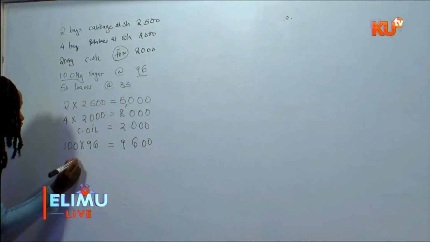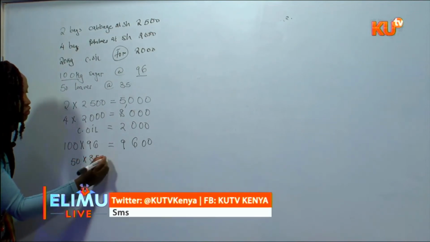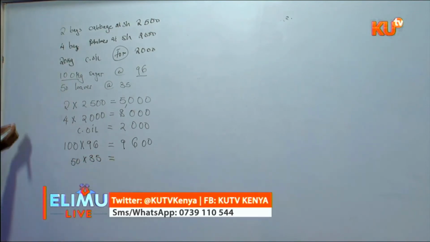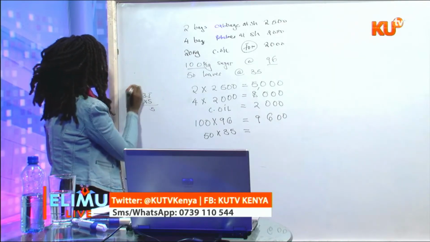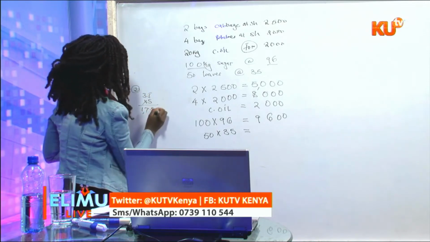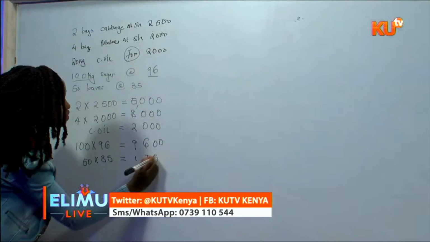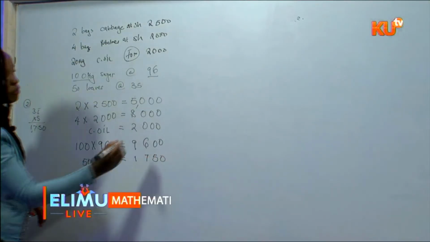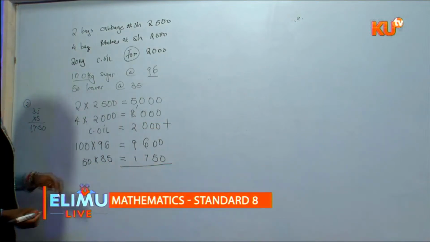So 50, the number of loaves, times the cost of 1 loaf of bread. So we take 35 times 5, we get 25, carry 2, 15, 17. So we get 1,750 shillings.